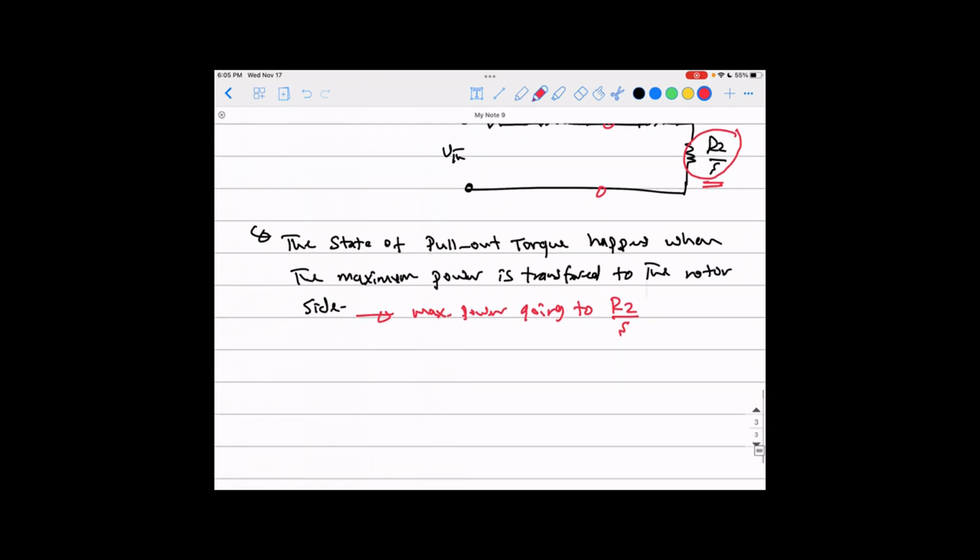How to find this? Easily. That can be found using the maximum power transfer theory. Okay, we go back again to your circuit courses.